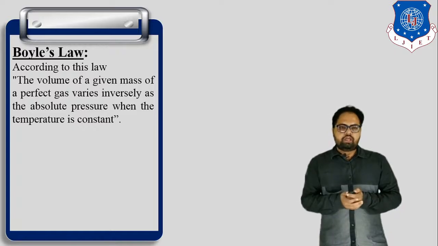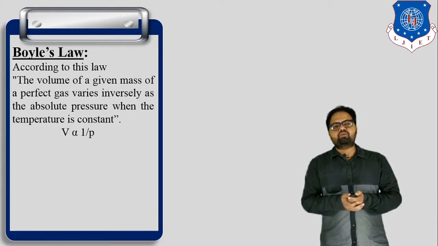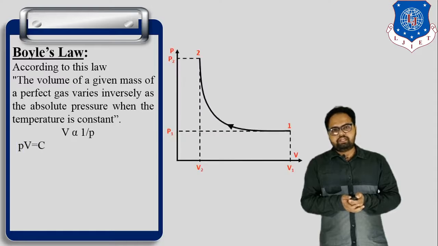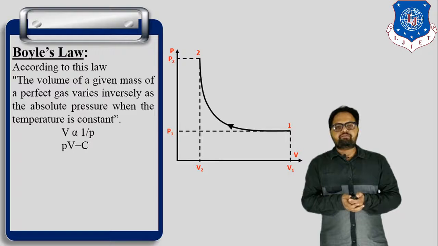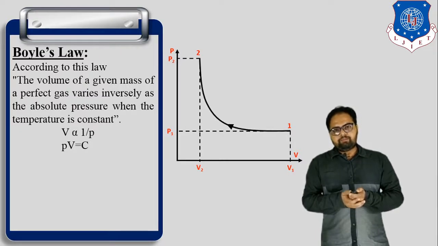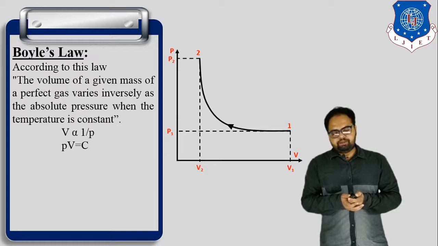In this law, the temperature of the system remains constant and the equation becomes V is proportional to 1 upon P. When we remove the sign of proportionality, a constant is added, so the equation becomes V is equal to C by P. By multiplying, we get PV is equal to C.